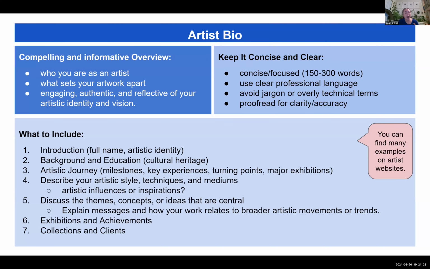Talk about your background and your education. People are looking to see your cultural backgrounds, your social identities, all of those things are part of what make people resonate with you. So include as much as you're comfortable with. Write down any milestones or major exhibitions or anything that you feel was really important to you as an artist.